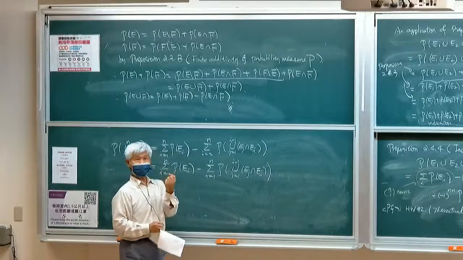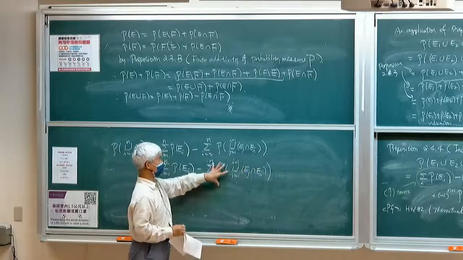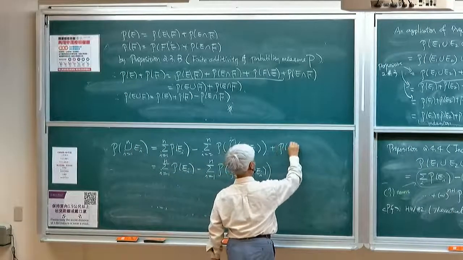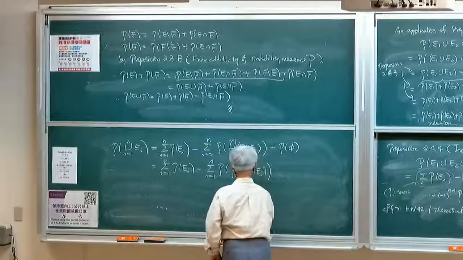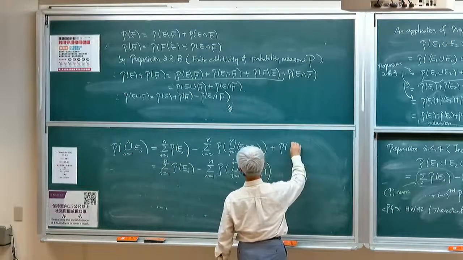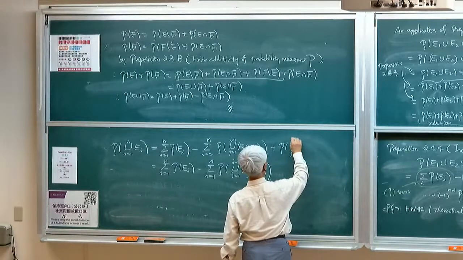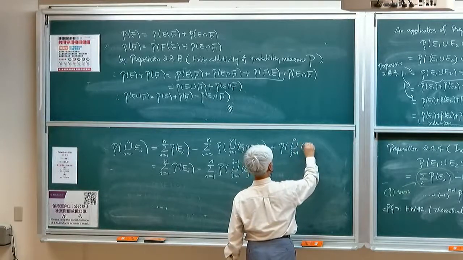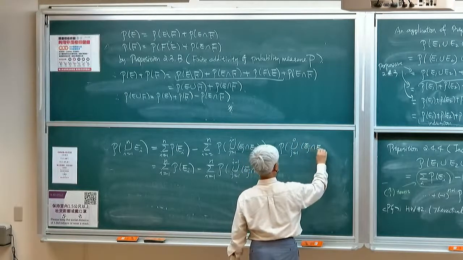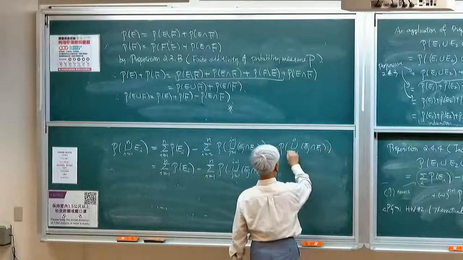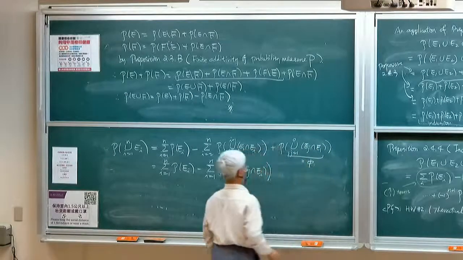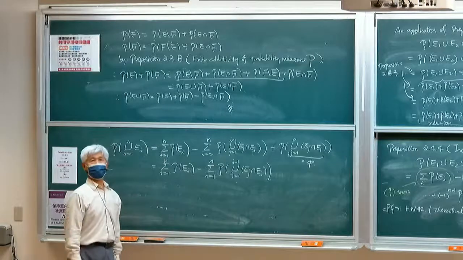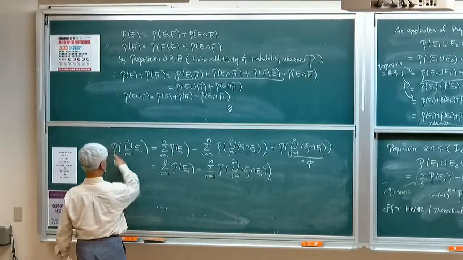So the probability is 0. And so we can include them together. All right, so this is our identity here.